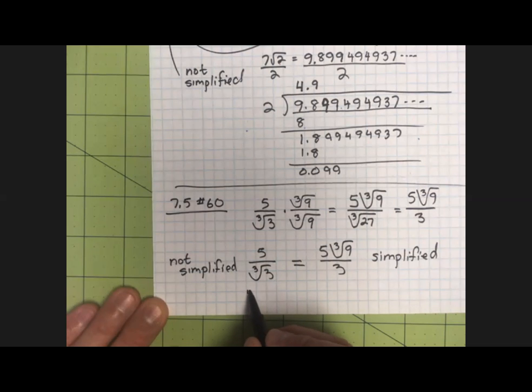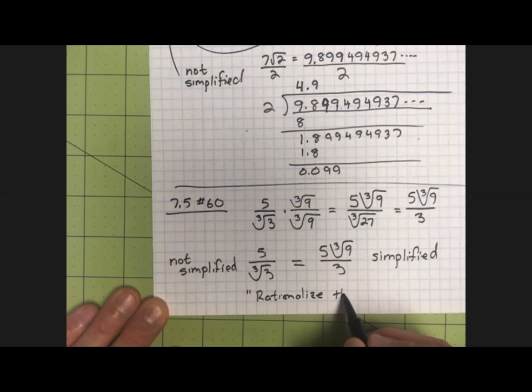So when someone says to you, rationalize the denominator, all they're saying to you is get rid of the radical in the denominator by pumping it full of whatever you need to make it a perfect square or a perfect cube or a perfect whatever power you're dealing with.